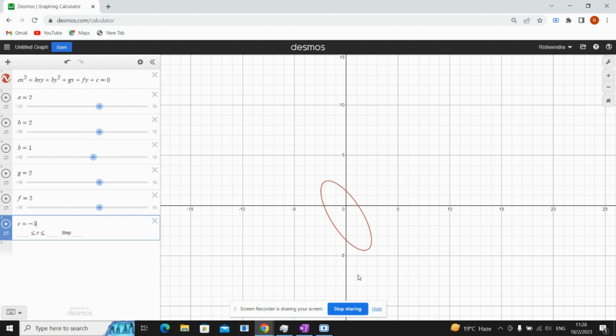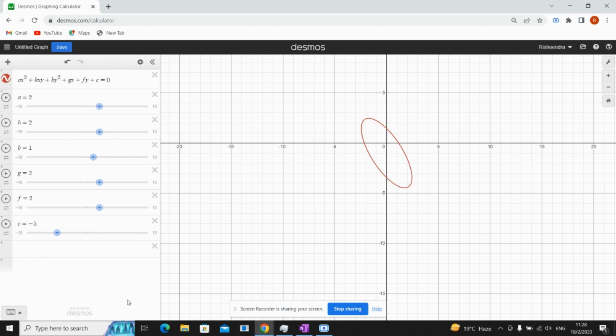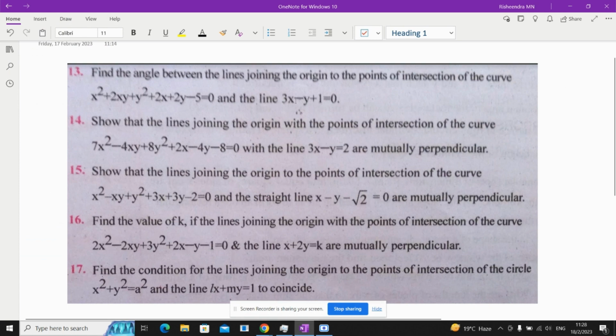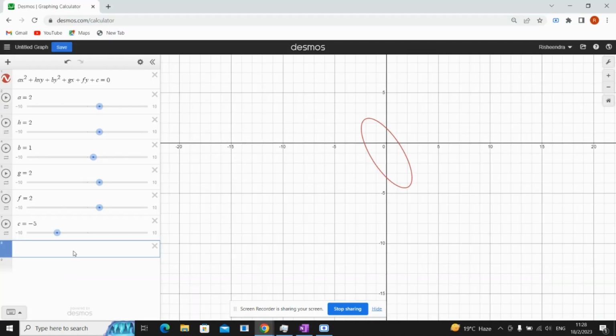Look, the equation represents an ellipse, an elliptical circle which looks like this. There is also a line given in the question, which is 3x minus y plus 1.